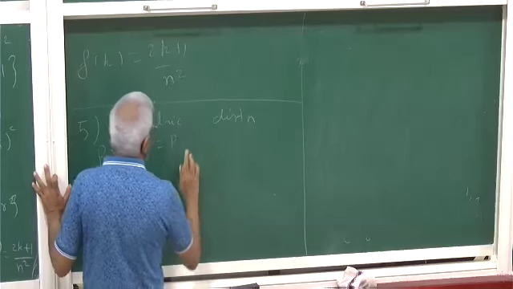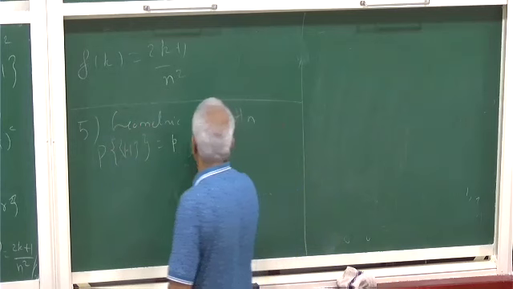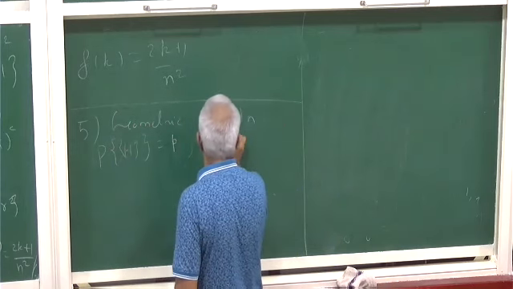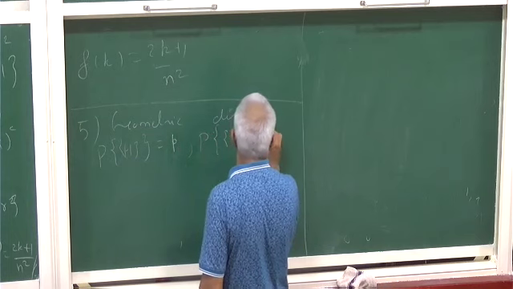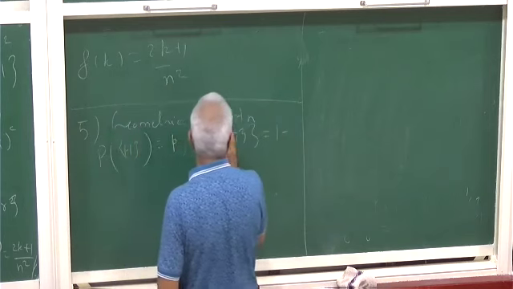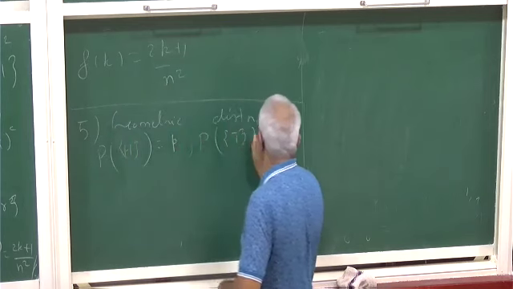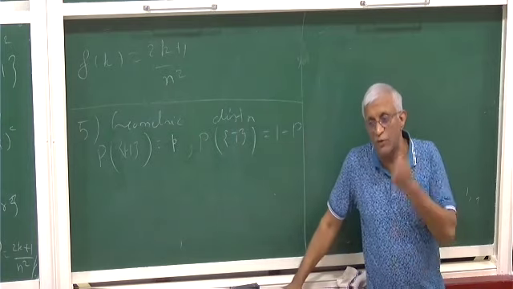So P of H is small p, and P of tail is 1 minus p. Here it is just a function. And you go on tossing the coin till you get a head.